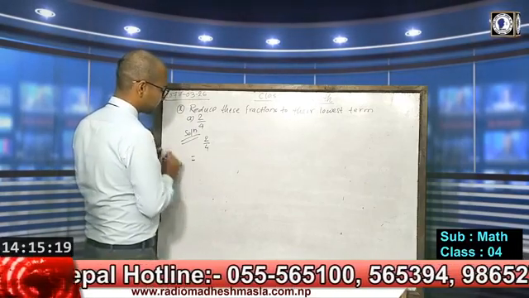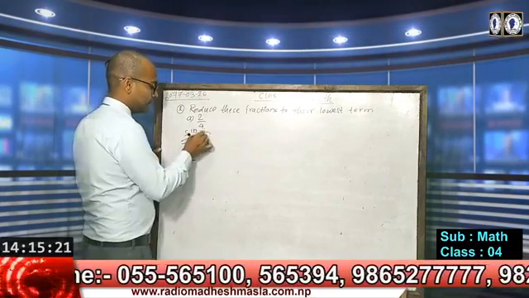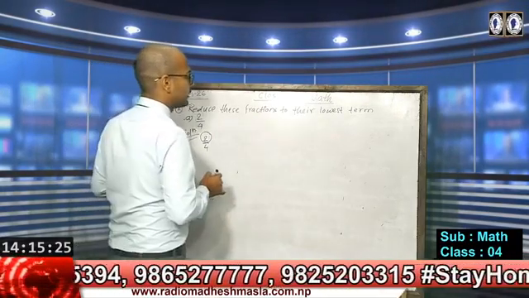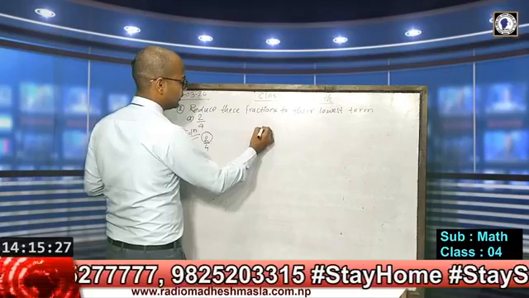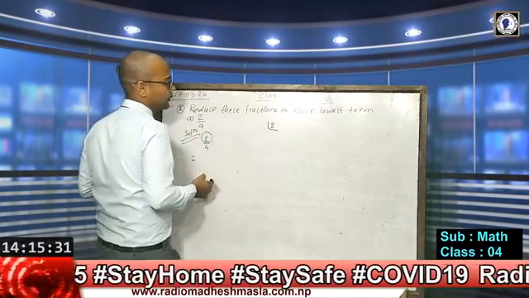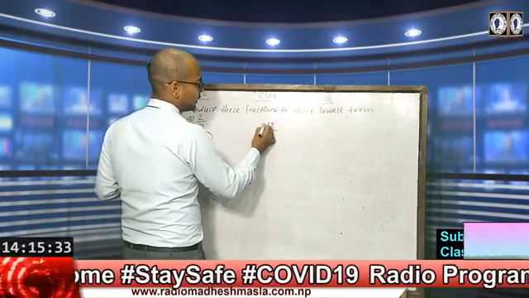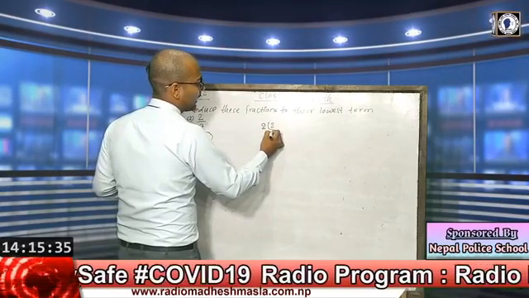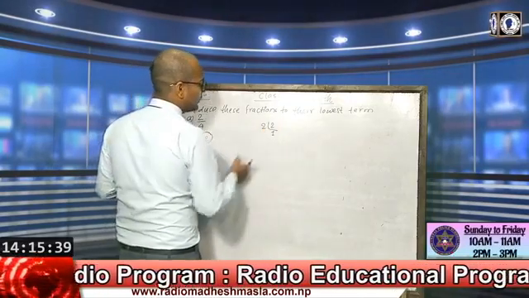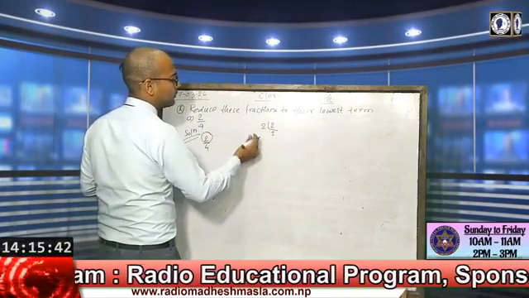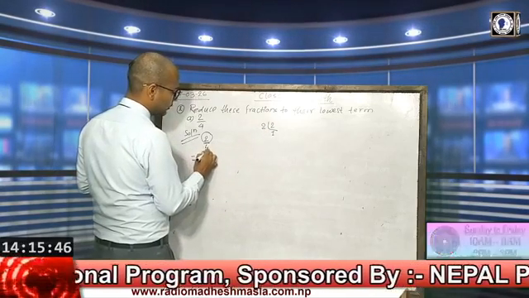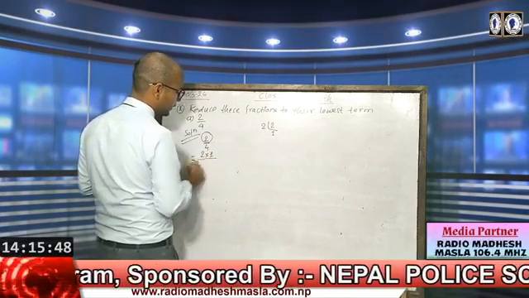Then we should find the prime factors of 2. While finding the prime factors, suppose we take the division method. 2 divided by 1 is 2, that means 2 multiplied by 1 is 2, so we can write 2 into 1 as the factors.